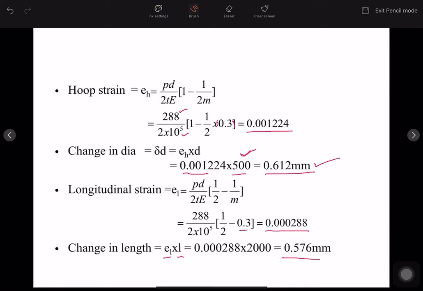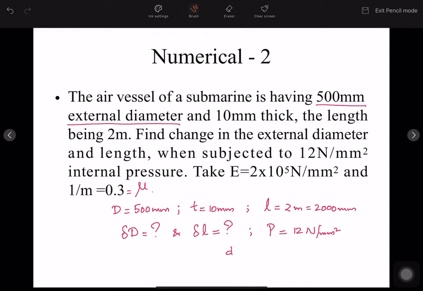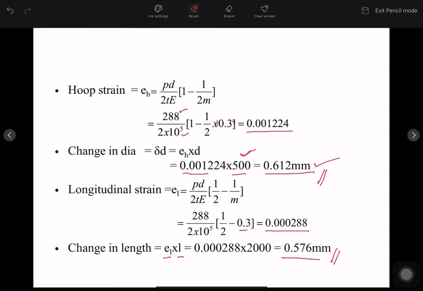So just observe how negligible these values are. 0.6 mm means slightly more than half a mm, right? Even though the vessel is subjected to such a huge pressure, there is a very slight change in the dimensions of the vessel.